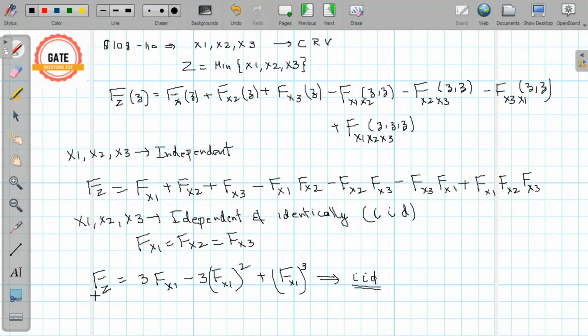To obtain the PDF of z, we can differentiate this equation on both sides.